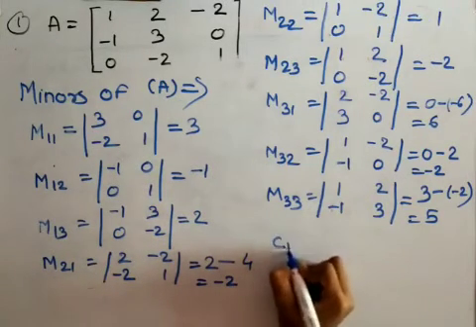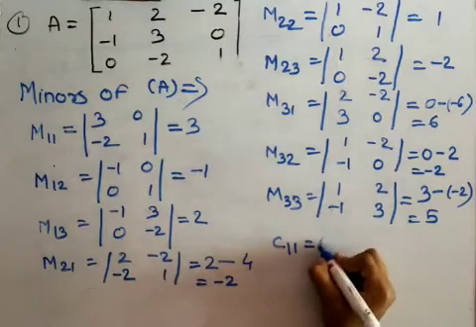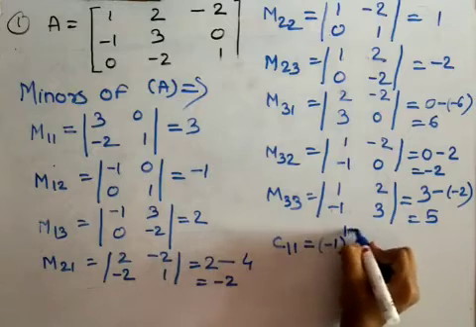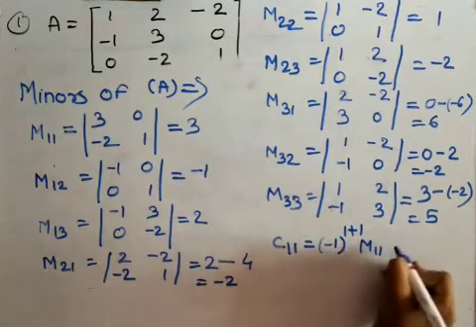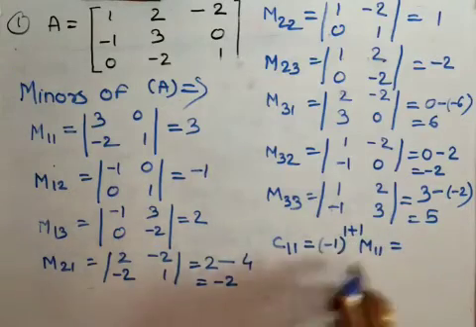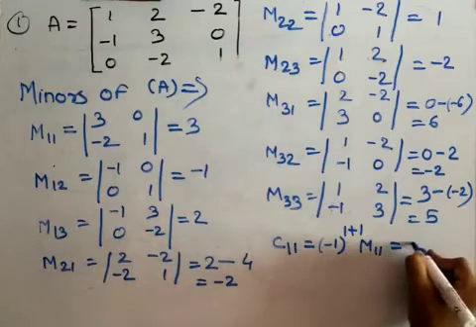First C11. What is the formula of cofactor Cij? Cij equals minus 1 raised to i plus j into Mij. So for this the formula becomes minus 1 raised to 1 plus 1 into M11. So the answer is minus 1 raised to 2 is plus 1 and M11 is 3.